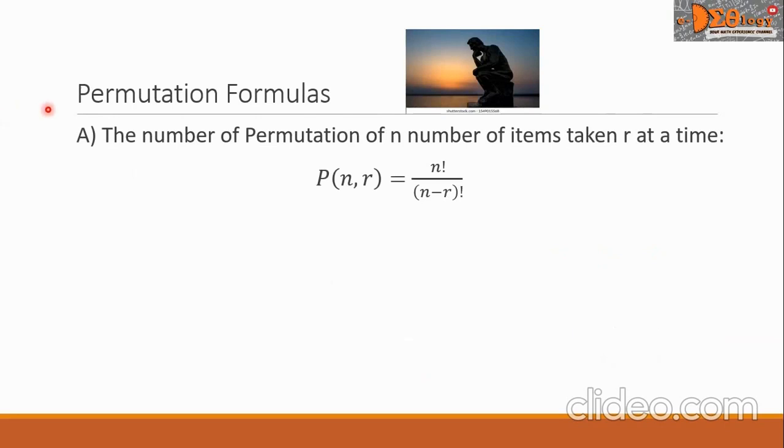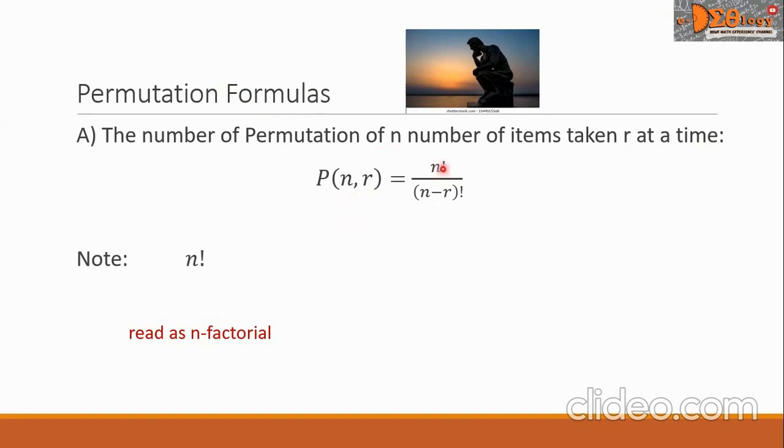Let's go now to permutation formulas. And this is letter A. The number of permutations of n items taken r at a time is given by this formula, P of n, r. Take note that the symbol here is n factorial.